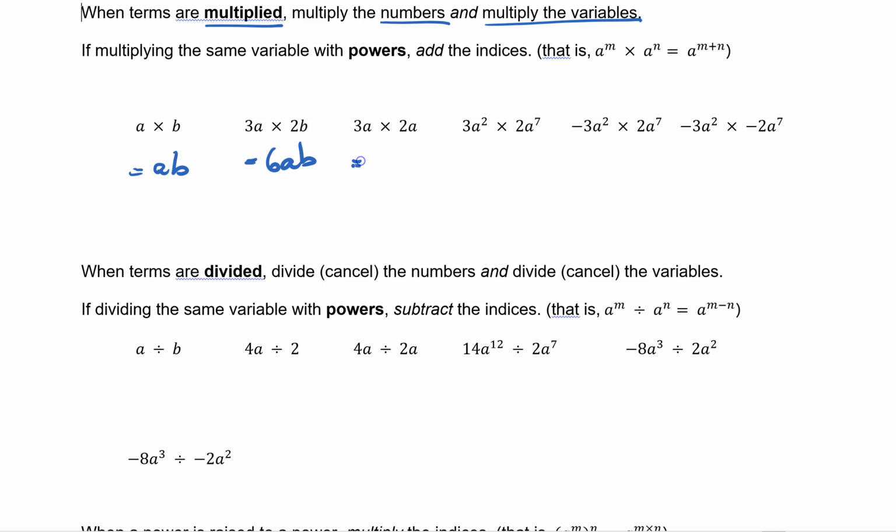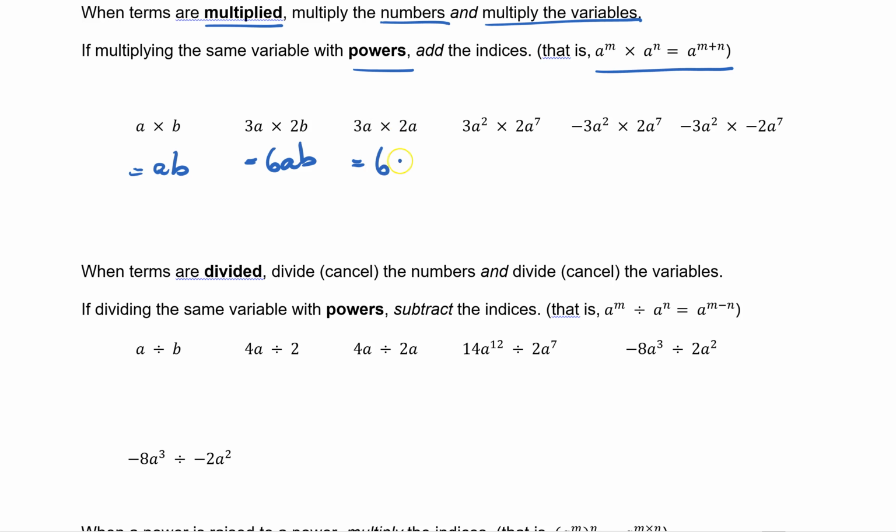However, when the variables are the same, then we can use powers. We make use of the fact, again, that you probably learned in around about Year 8, that if we have the same base, so the same variable just here, and they're being multiplied, then we add the indices. So a 3a times a 2a is a 6a.